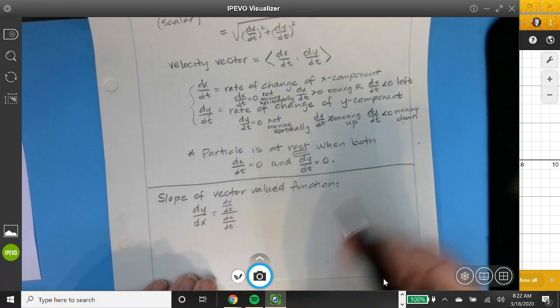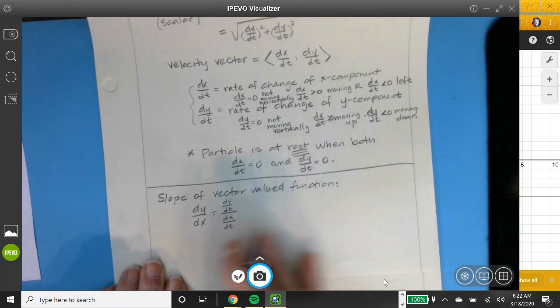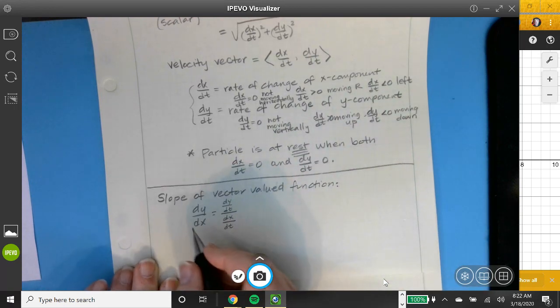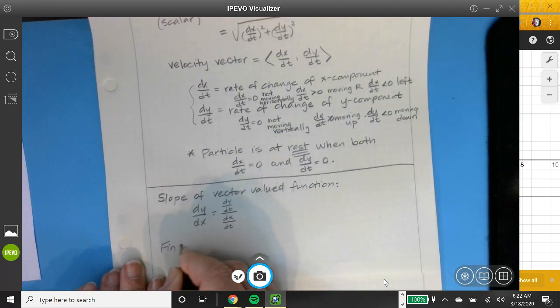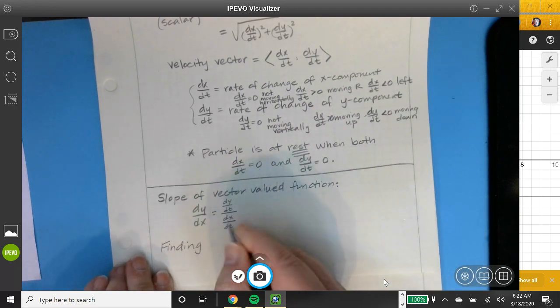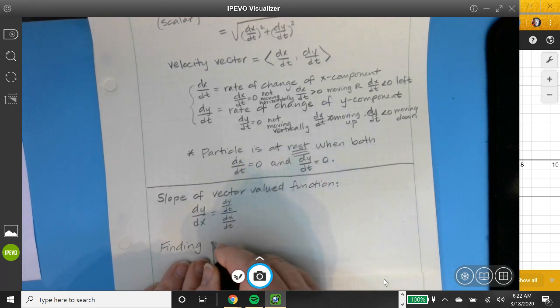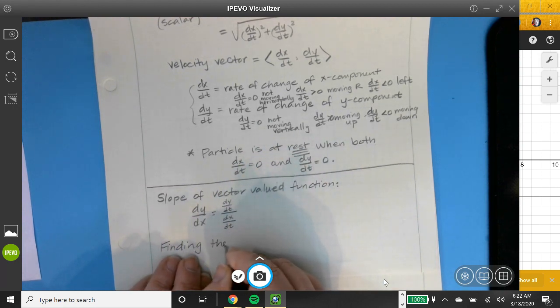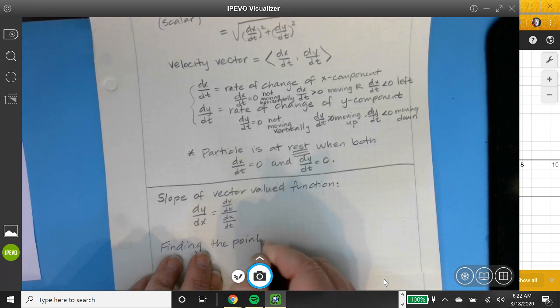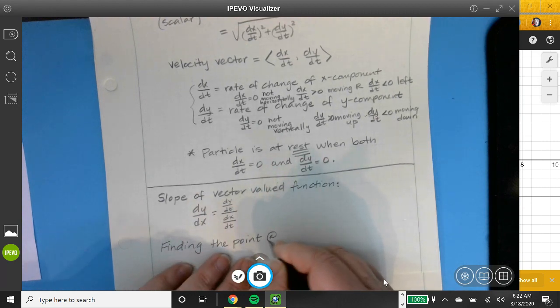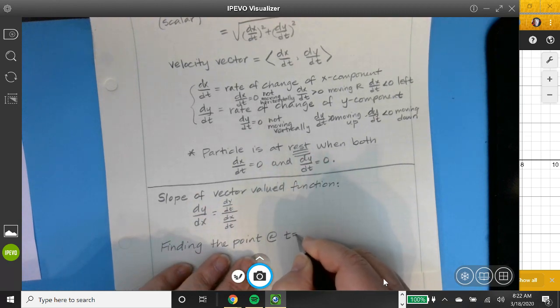All right? And then what if I want to know the point? Because we want to find equations of tangent lines. We'll say the point at t equals a.